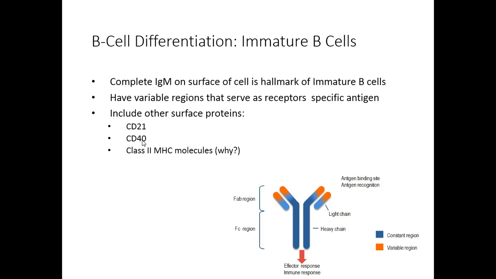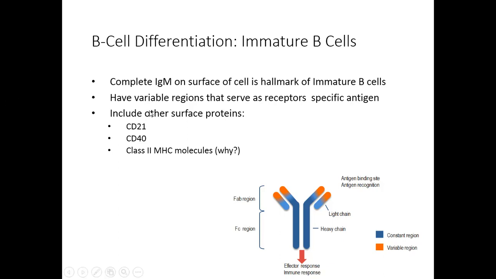CD4 we know are on T helper cells, CD8 are on the cytotoxic T cells. There can also be CD markers, protein structures on the surface of a cell, that have other functions.